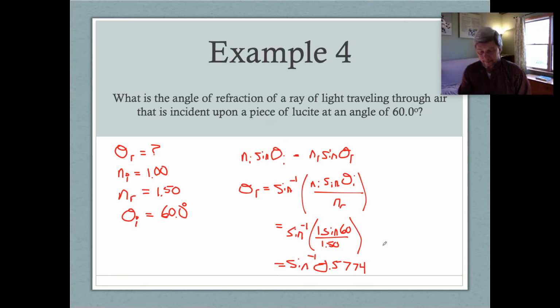Okay, I'm back, and I have a calculator that my kids stole off my desk. The sine of 60 is 0.8660 divided by 1.50, which is 0.5773, and if I take the inverse sine of that, I get 35.3 degrees.